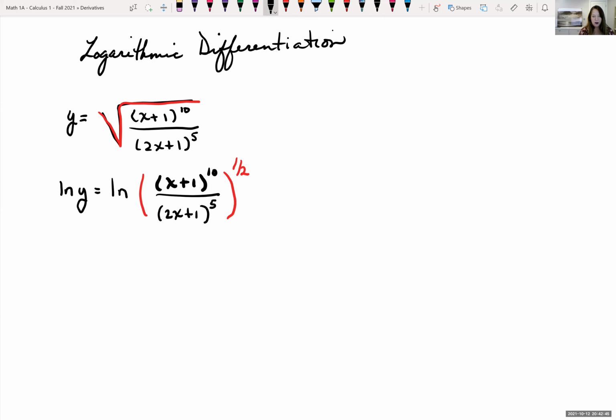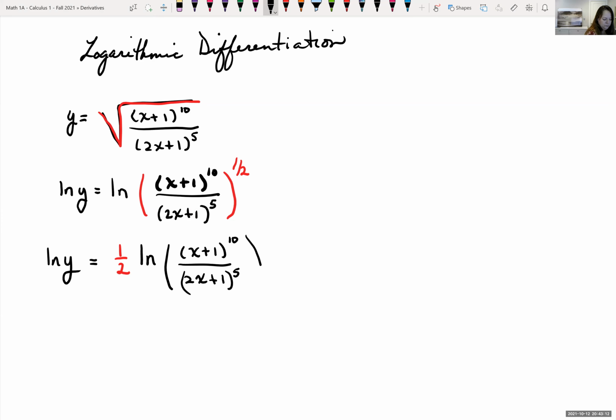So now let's use that property of log that we can bring the 1/2, the exponent, down in front. So we have the natural log of y on the left-hand side equals 1/2 now the natural log of x plus 1 to the 10th all over 2x plus 1 to the 5th.